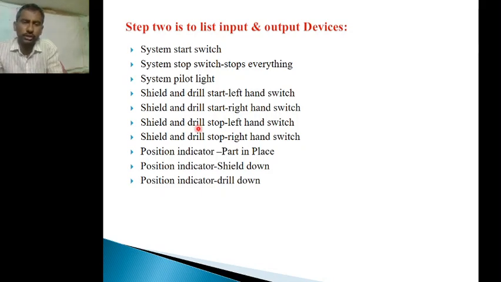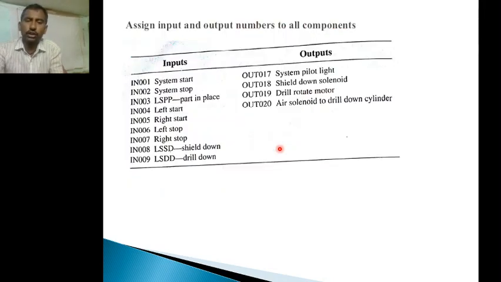So how many inputs? 1, 2, 3, 4, 5, 6, and the remaining 3 inputs are position indicator part in place input, position indicator shield down input, and position indicator drill down input. So totally we may list 9 inputs and 4 outputs. So we can assign the numbers to those inputs and outputs.